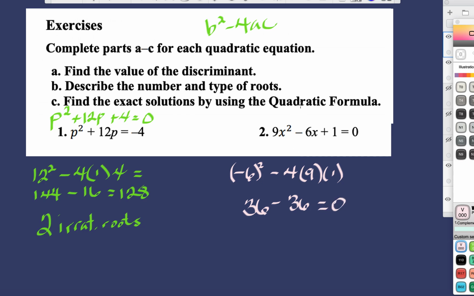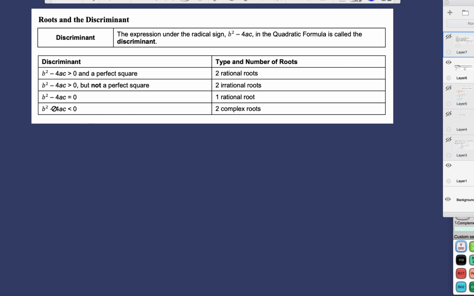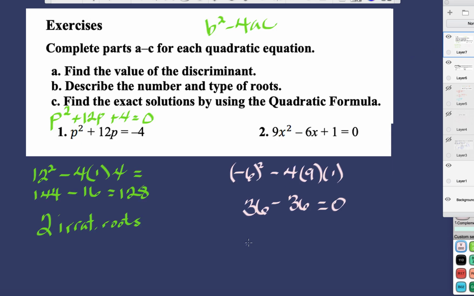Oh, well, what happens if it equals 0? I'm going to close this up for just 1 second. If the discriminant equals 0, then it has one rational root. Then I go back here, open this back up, and say 1 rational root.